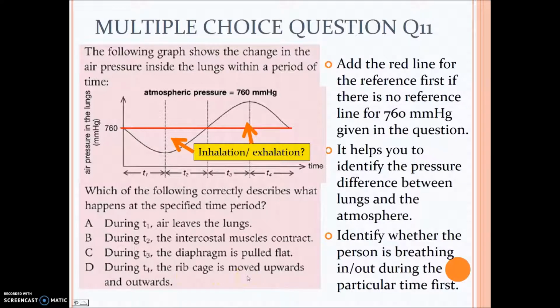In MC questions, you need to make sure that some choices are related to each other: they will be correct together, or wrong together. So make sure you point out the inhalation or exhalation in the graph, and then you will make the correct choice. That is the part for the MC, and then we shall have the second video for the long question.